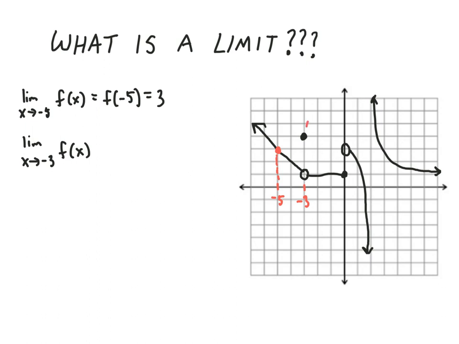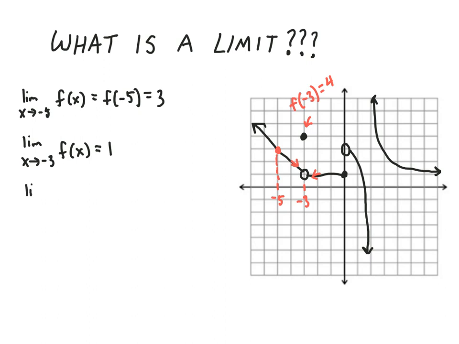And this closed circle up here shows me that the actual height, which I would denote just with f of -3, is equal to positive 4. That doesn't appear to be the limit, because as I approach -3 from the left, and as I approach -3 from the right, it seems to be zeroing in on a y value of 1, and therefore I can say that the limit is 1. The intended height and the actual height are different.